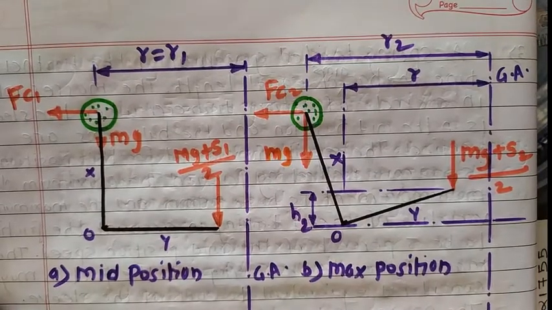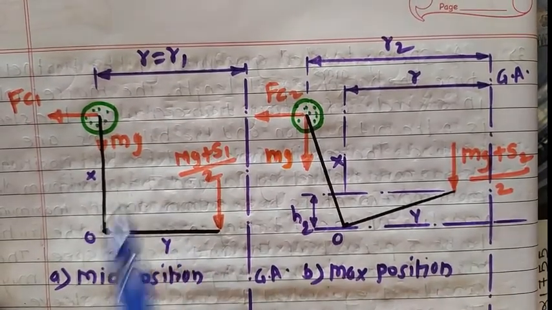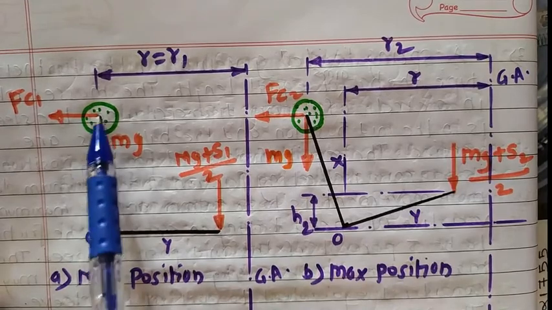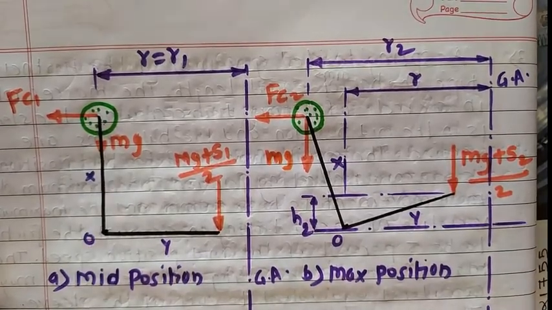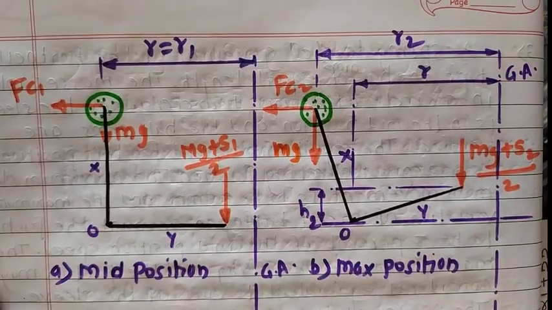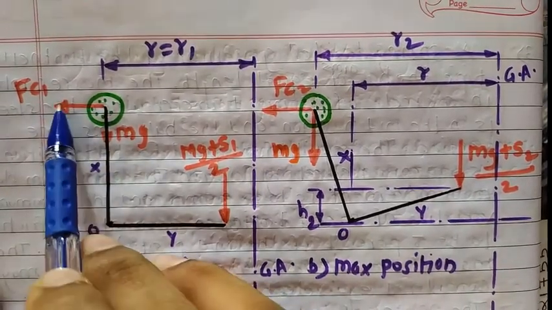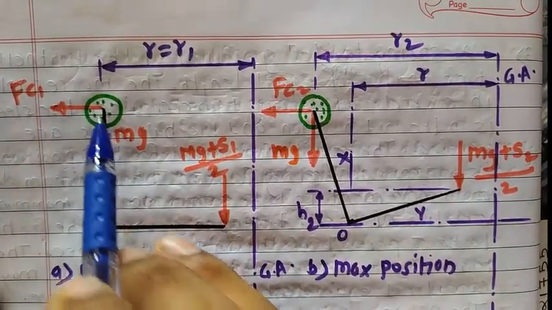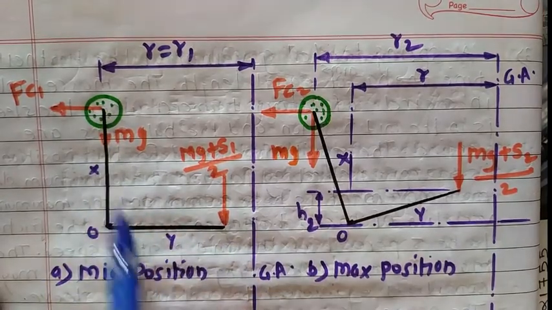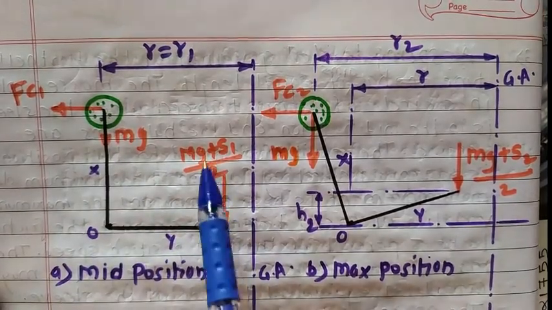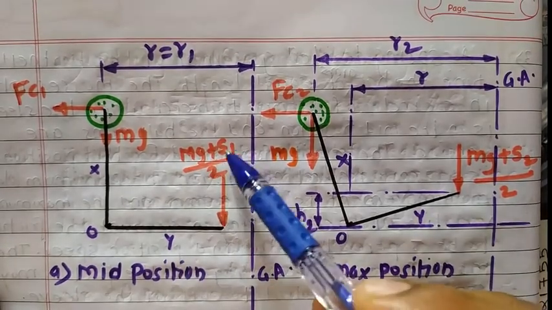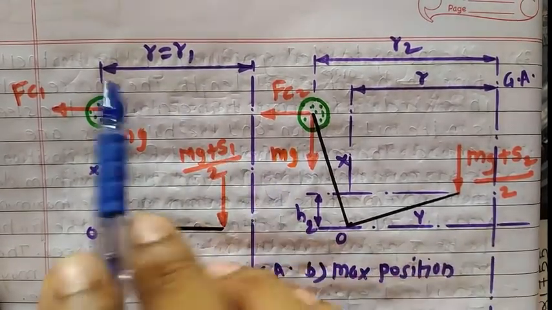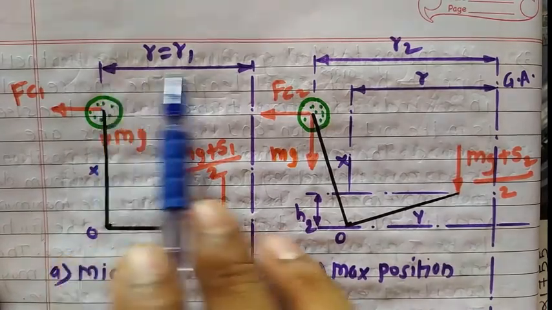So as per the data, first of all develop this diagram. The mid position is given; this is the mid position diagram drawn for the Hartnell governor. The centrifugal force acts in the outward direction, the weight of the ball acts in the downward direction, along with the weight of the sleeve and the spring force. The other notations shown are the radius of rotation.